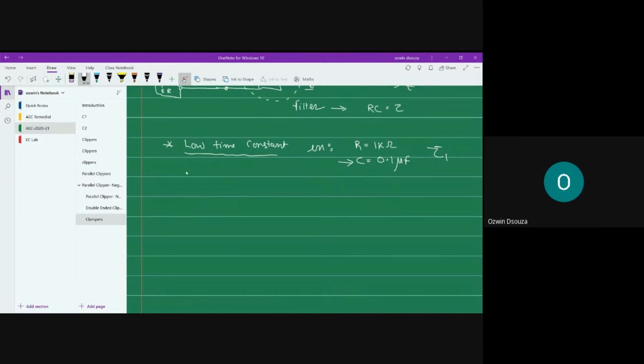So if your time constant is very small, then your rectifier output could be something like this. This I will write as V naught, the filtered output.